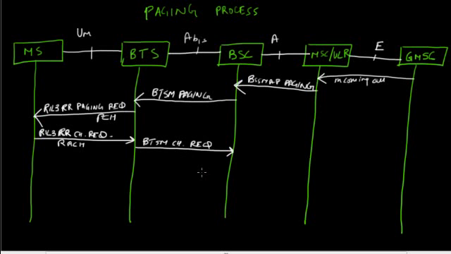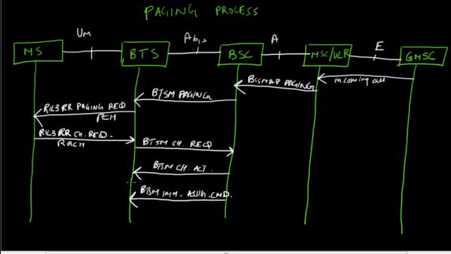So it sends a BTSM channel activation message to the BTS here, and then after that it sends an immediate assignment message, a BTSM immediate assignment command, to the BTS.